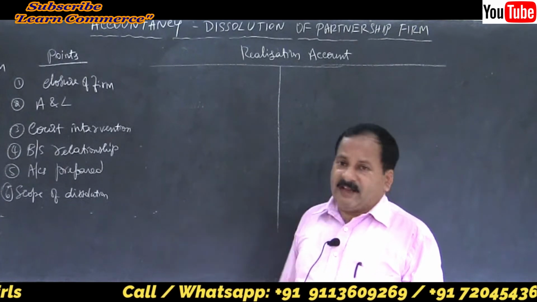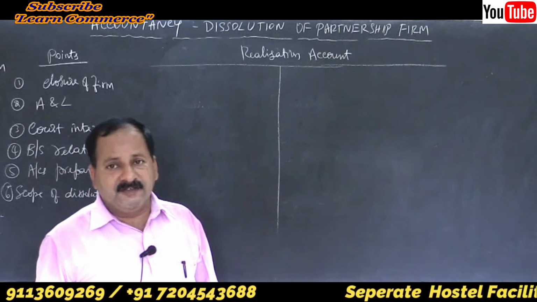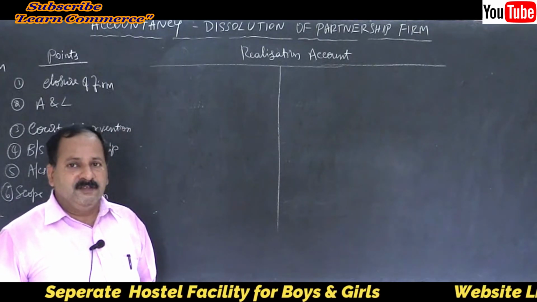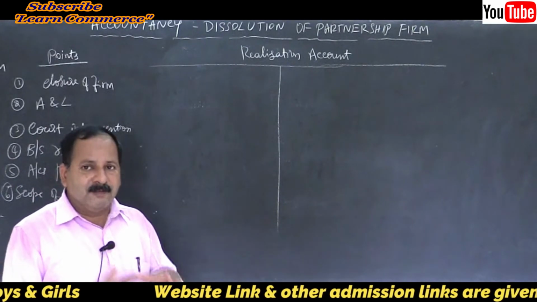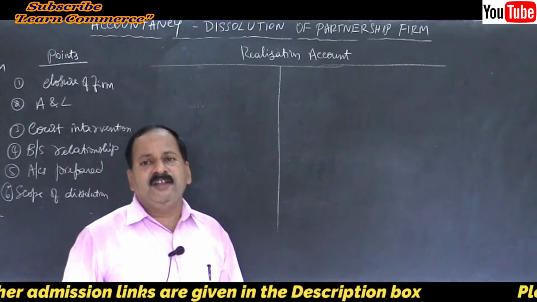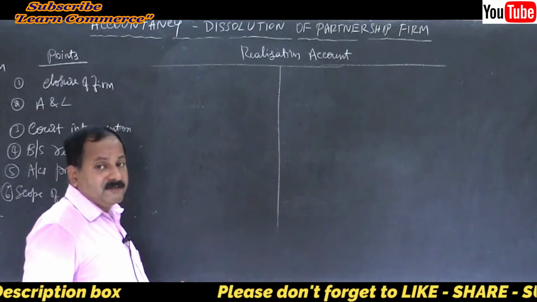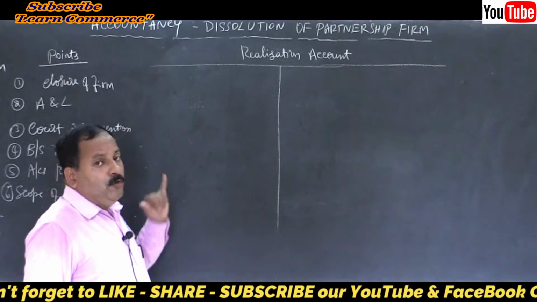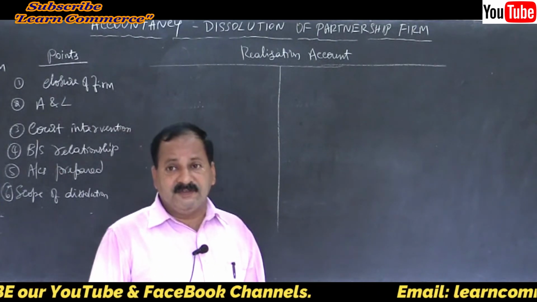Then realization expenses may be there. For doing all this work, selling the assets and all these things, you may incur some expenses. Or you have appointed someone to sell the assets and you gave some commission to that person. So it will come under realization expenses, isn't it? Or transportation expenses of the assets. So when you incur realization expenses, cash goes out of the business.